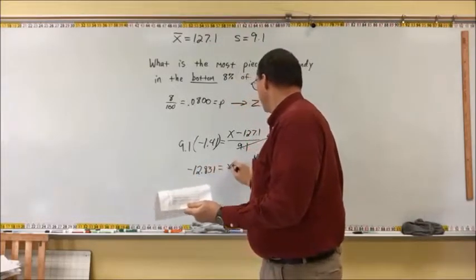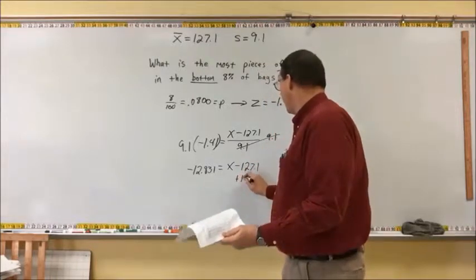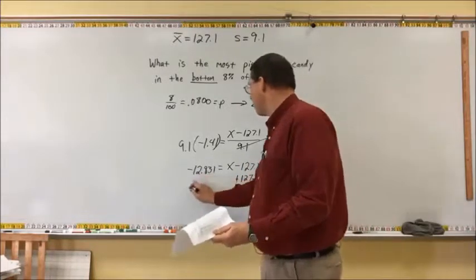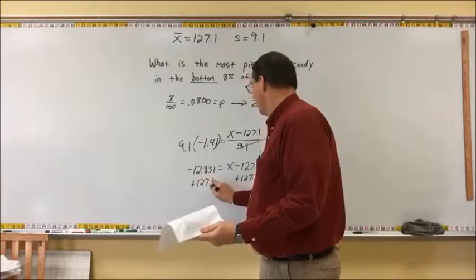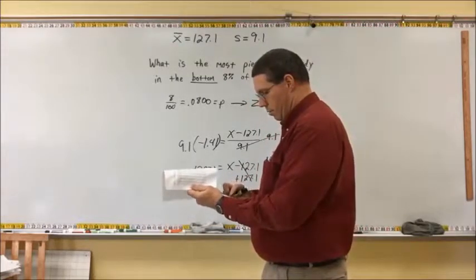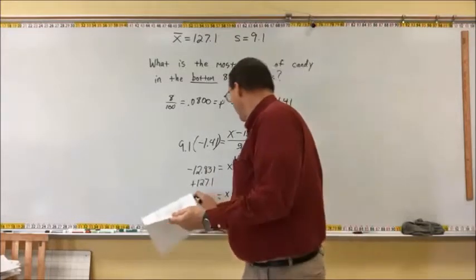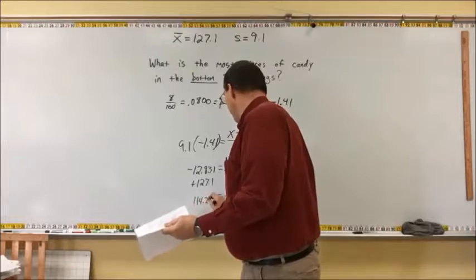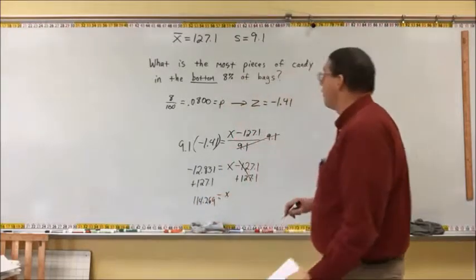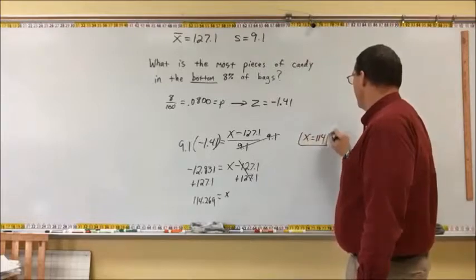And that's going to be equal to x minus 127.1. Now I'm going to add 127.1 to both sides. And that's going to give me x equals 114.269. So what we'll say is about 114. So x equals 114 pieces of candy.